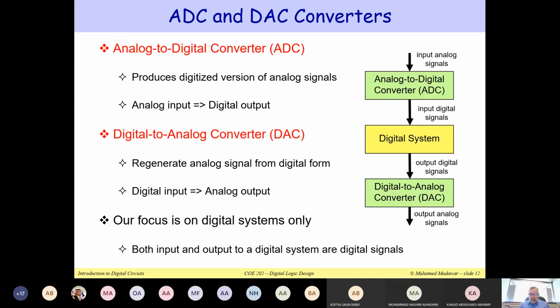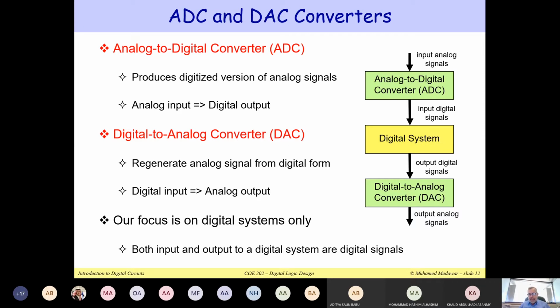So I'm talking now to you, right? The sound is coming out from your speaker into your ear, and the brain is trying to interpret the meaning of this sound. It's converting the sound pattern into some kind of meaning. So the sound itself is analog. Now I'm talking to you, so my input here is the sound, which is an analog signal.